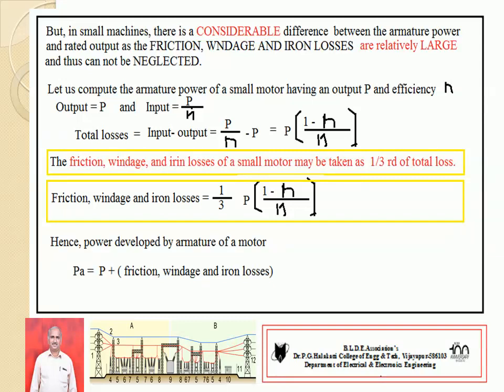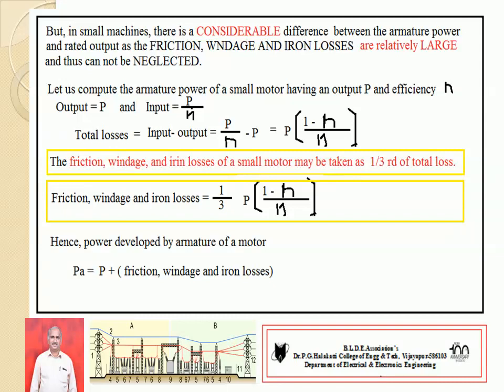Hence, let us compute the armature power for a small rating motor having an output of P and efficiency. Output equal to P kilowatt, input equal to P by efficiency kilowatt.